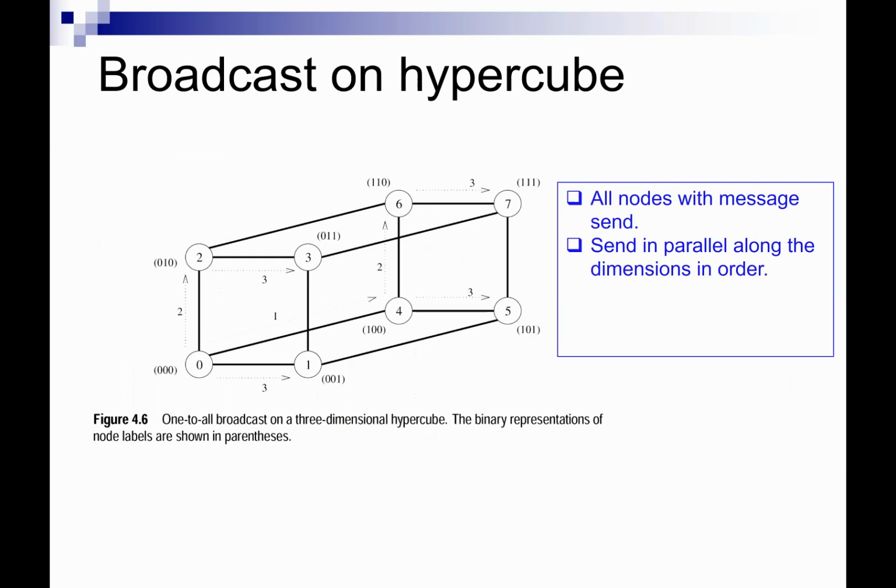Okay, so next we're going to look at broadcast on a hypercube. On a hypercube, we're going to take the same approach, basically, meaning that we try to parallelize this broadcast operation by recruiting other processes to help node 0 do the broadcast.